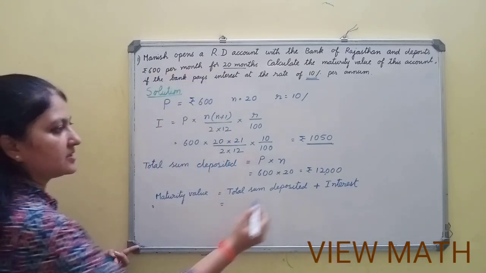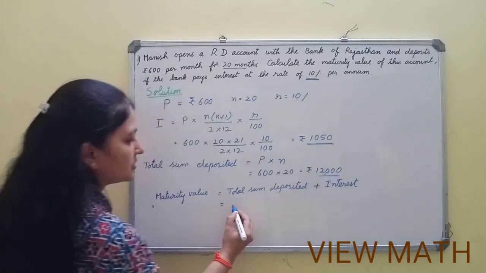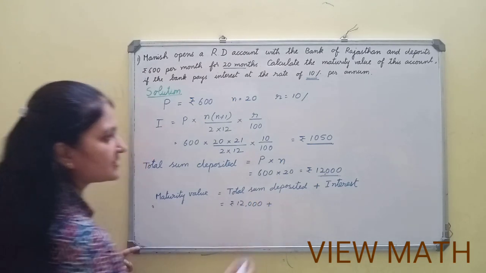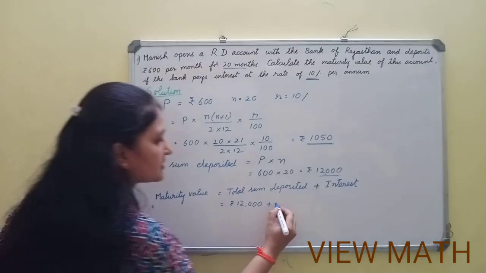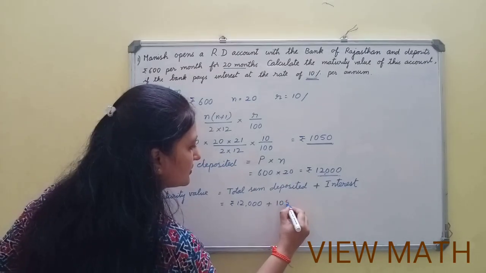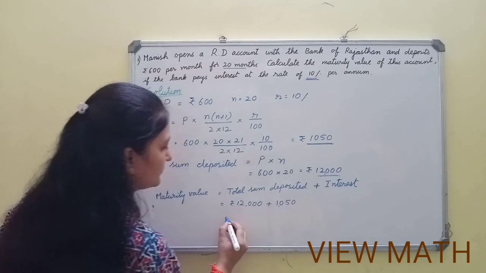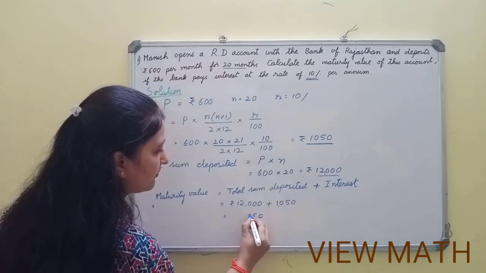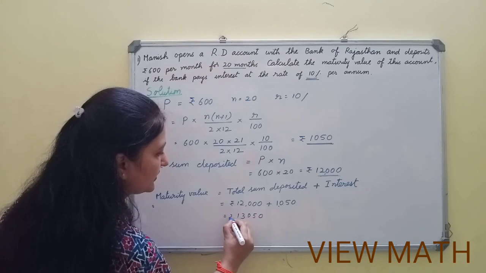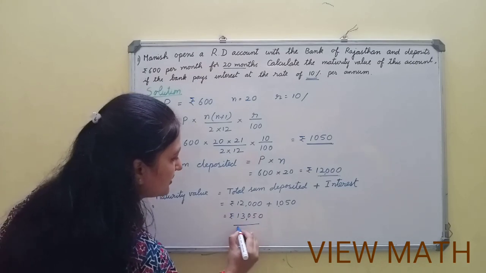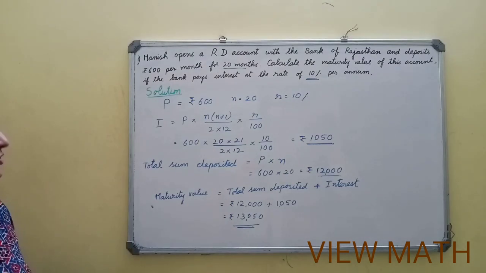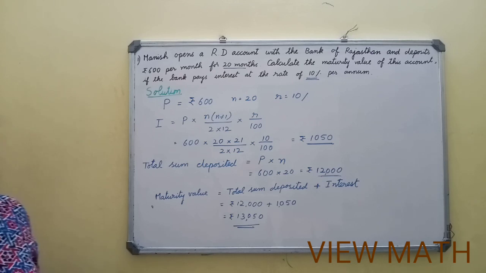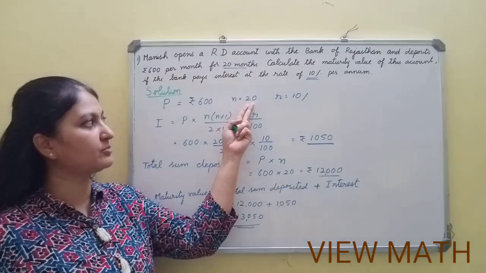Total sum deposited is rupees 12,000 plus interest is 1,050. So if you add, you'll be getting rupees 13,050.